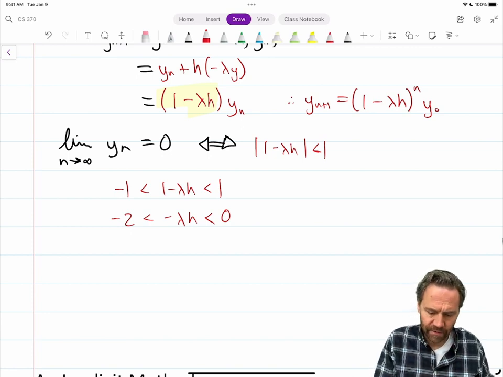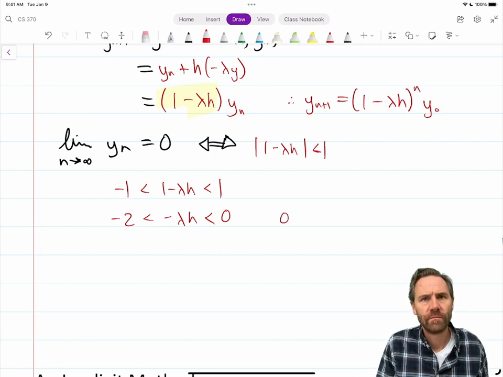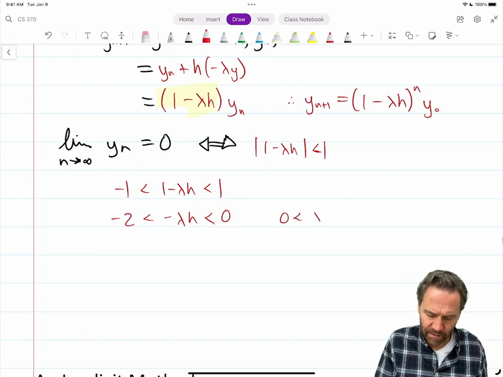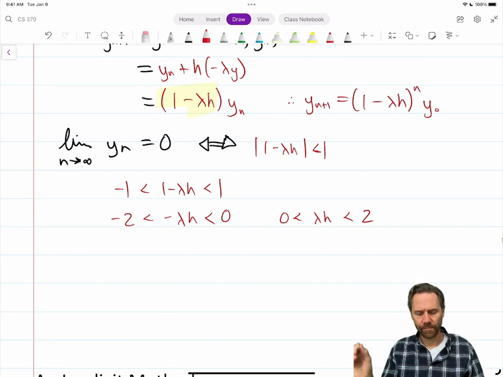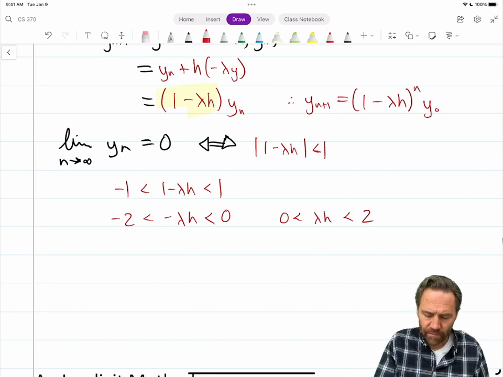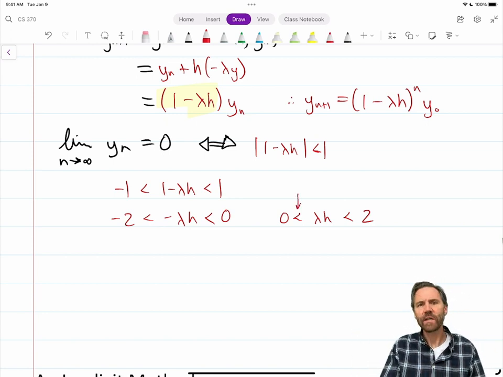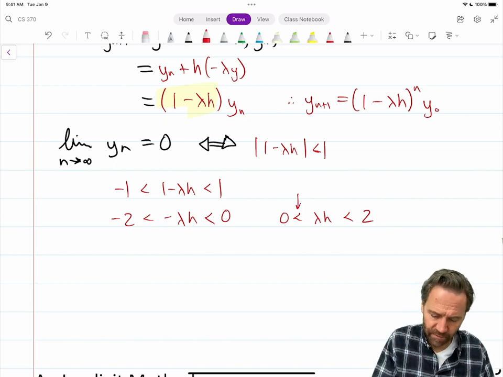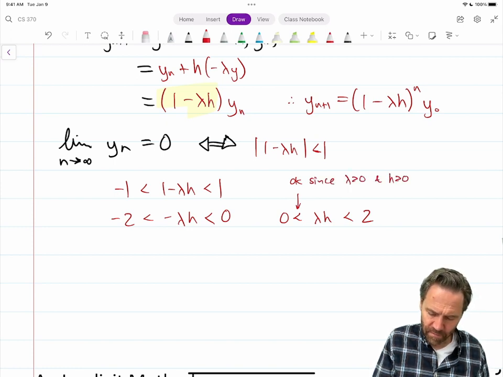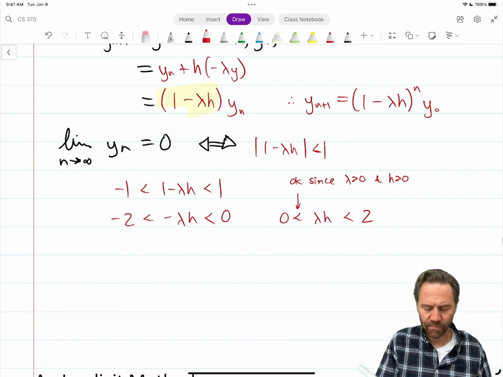Okay, or we can say 0 is less than lambda h, which is less than 2. I just multiplied everything by negative 1. Okay, first of all, this inequality, 0 is less than lambda h, is easy because lambda and h are both positive. So that's no problem.